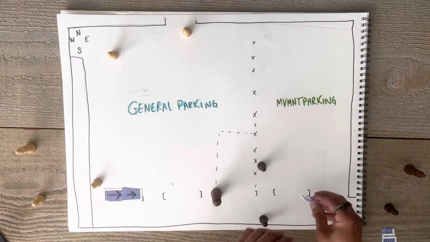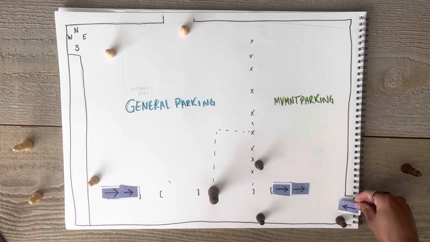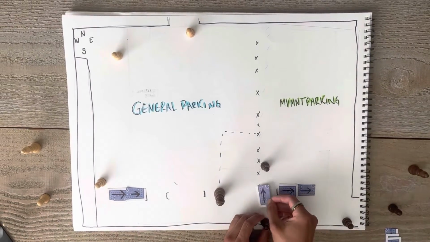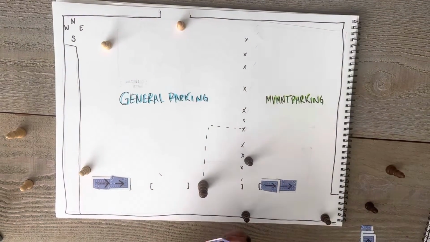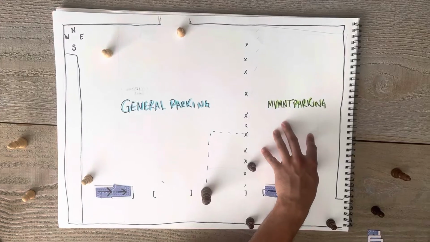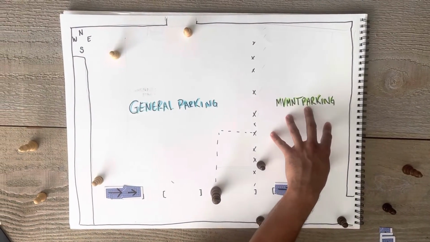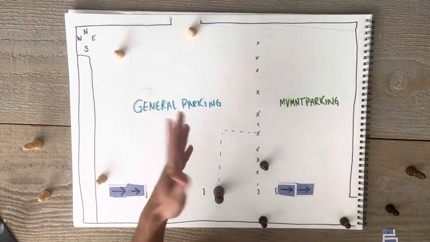Let me just park a few cars and then demonstrate something else. So on this side, they would come in through this side, go over there, and park the same way, making columns facing east. Now, if general parking fills up, and there's still some room in movement parking, we can park some of the general parking in movement, or vice versa. If we have overflow from movement, but we still have some room in general, we can park them in general.